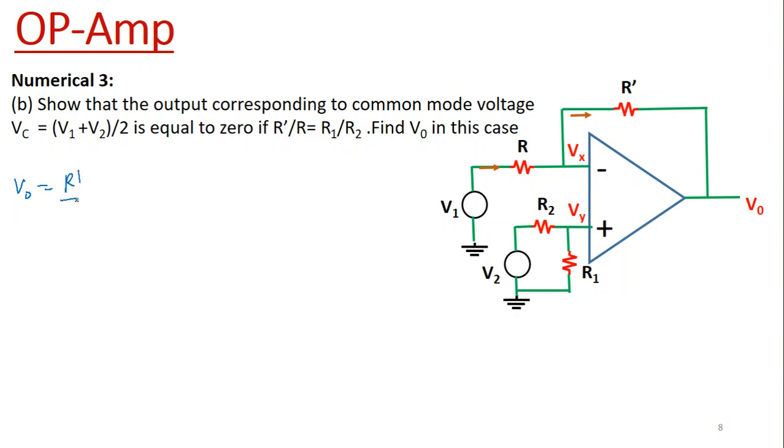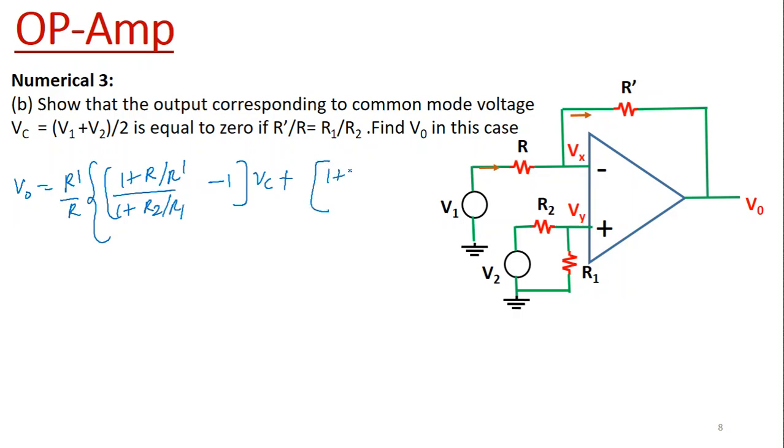V0 is equal to R dash by R, whole multiplied by, 1 plus R by R dash divided by 1 plus R2 by R1, minus 1, into Vc, plus 1 plus R by R dash divided by 1 plus R2 by R1, plus 1, Vd by 2, and this bracket will be there. So this is the equation which we are getting.